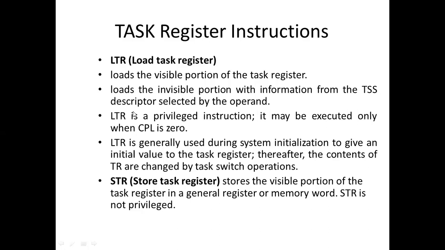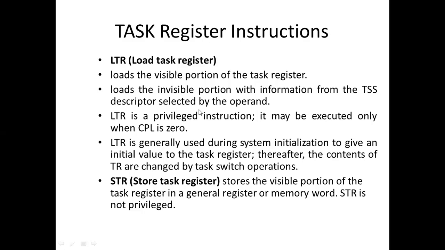STR, store task register. STR stores the visible portion of the task register in a general register or a memory word. STR is not privileged. LTR is generally used during system initialization to give an initial value to the task register.